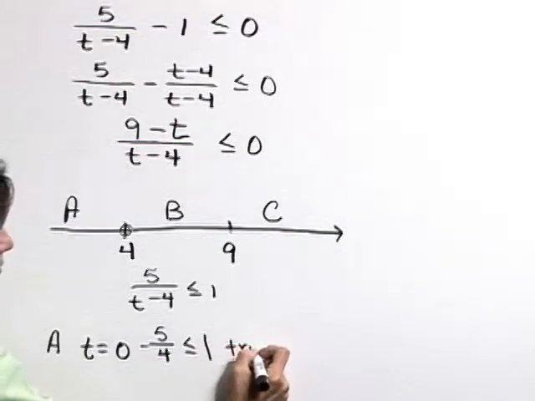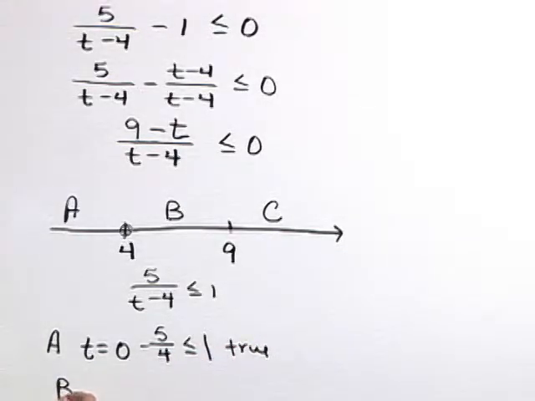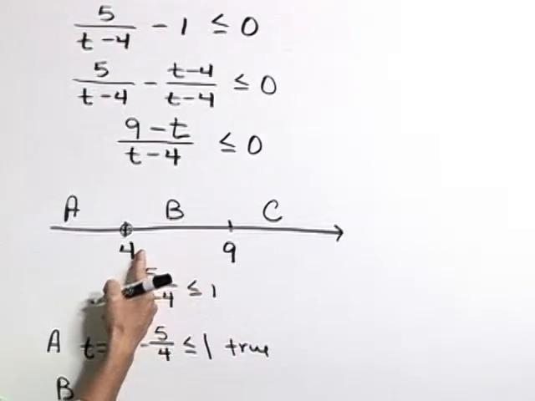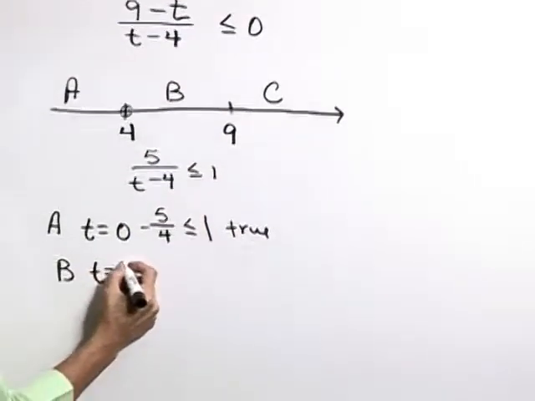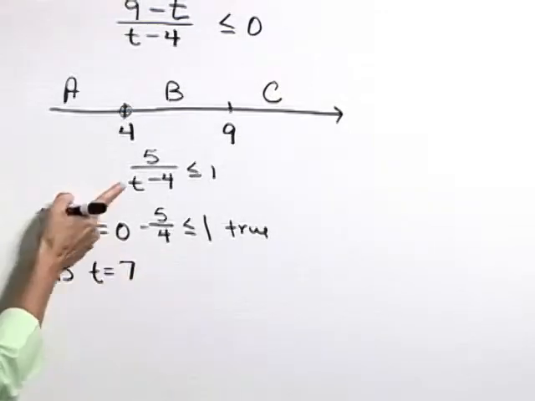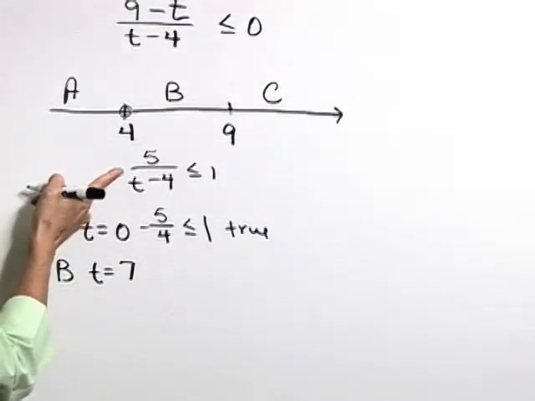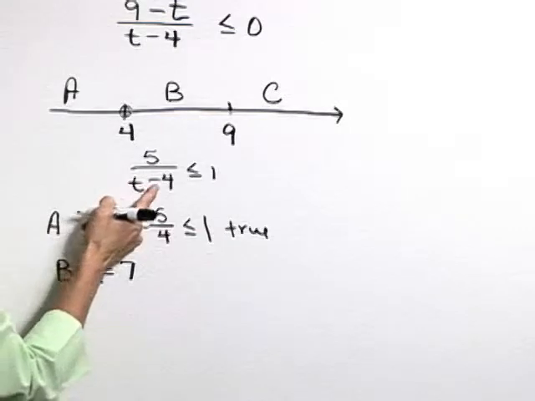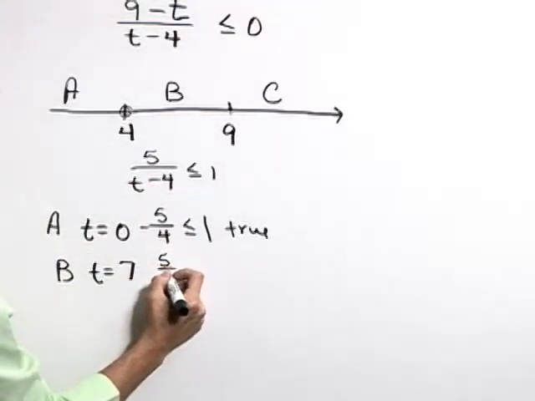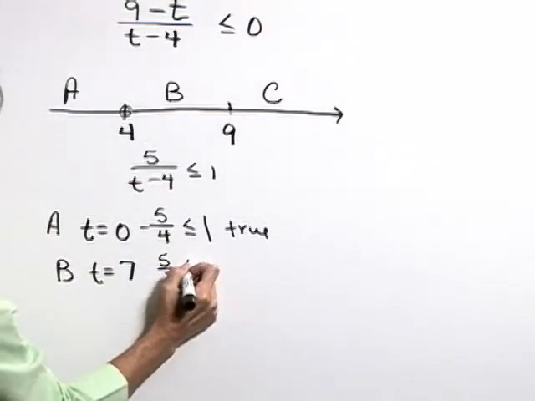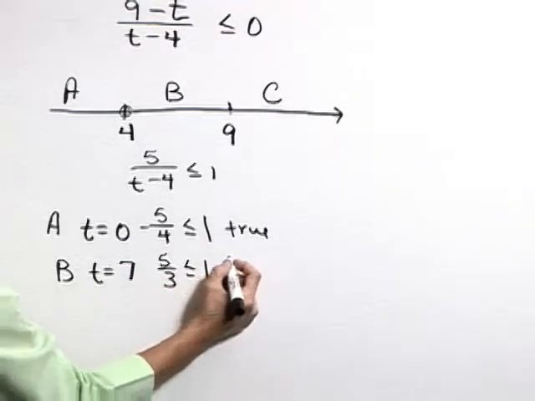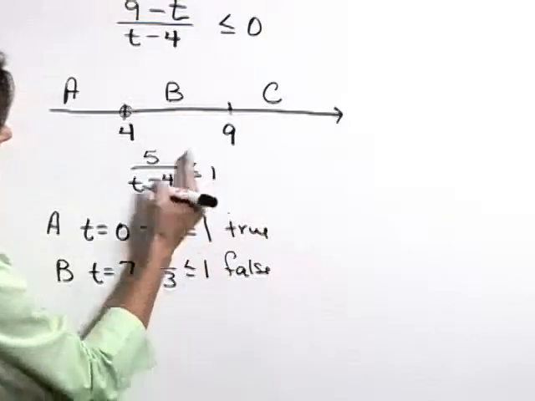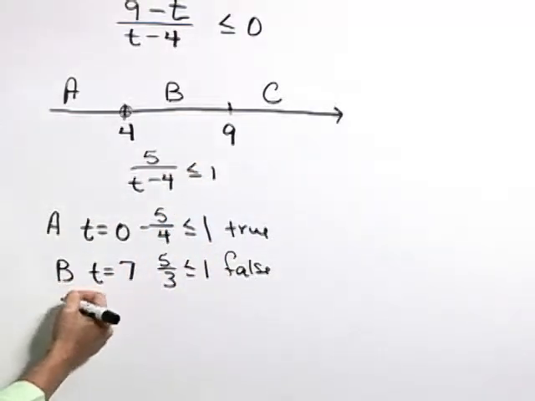Sure, that's true. From interval B, let's choose a value from between 4 and 9, like say t equals 7. And let's check it in this inequality. Is 5 over 7 minus 4, that's 5 over 3, less than or equal to 1? No, that is false. Those values do not satisfy our inequality.